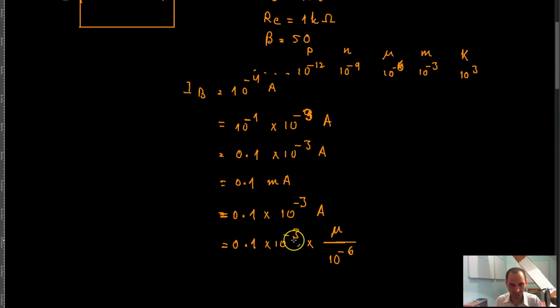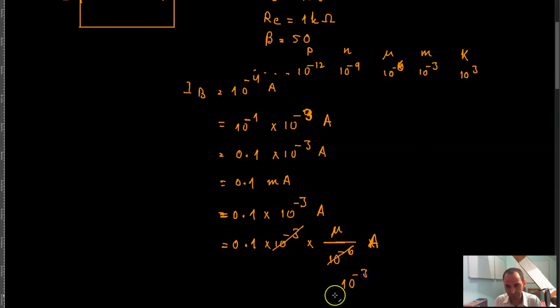You're multiplying by a factor of 1, so you're not changing anything here. And then the whole thing is in amps. Then of course the 10 raised to the power negative 3 and 10 raised to the power negative 6 you can cancel out, or simplify.